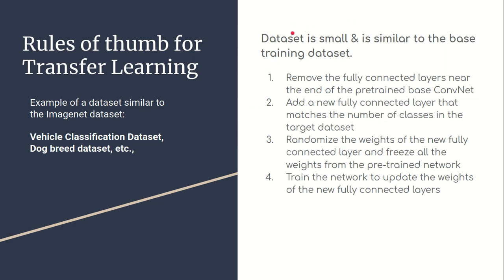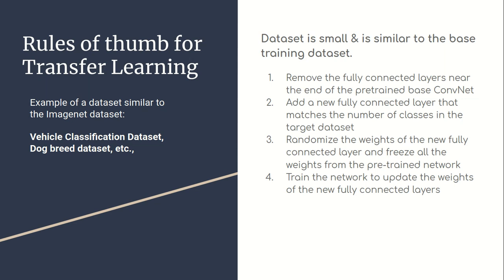If you have a small dataset that is similar to the base training set, you could do this. Another example of a dataset that is similar to the ImageNet dataset is a dog breed dataset. Given the images of a dog, you need to predict the breed of that dog, whether that is a husky or a golden retriever or a chihuahua maybe.